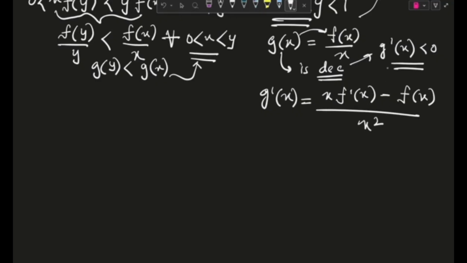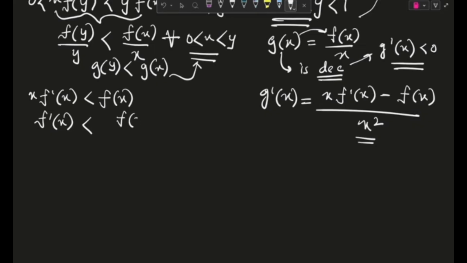Now let's put this into the inequality and see what comes. This comes out to be x f'(x) is less than f(x), because the denominator has no use. This is less than 0, right? So we can write f'(x) < f(x)/x, and this is for 0 < x < 1 from the inequality we had here.